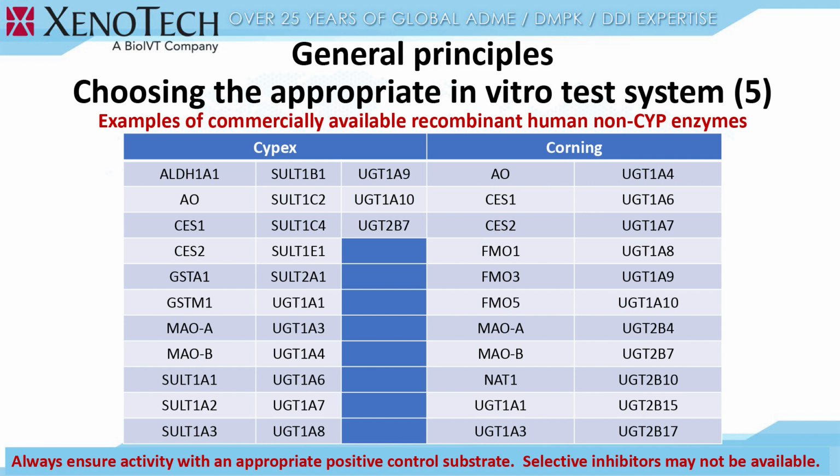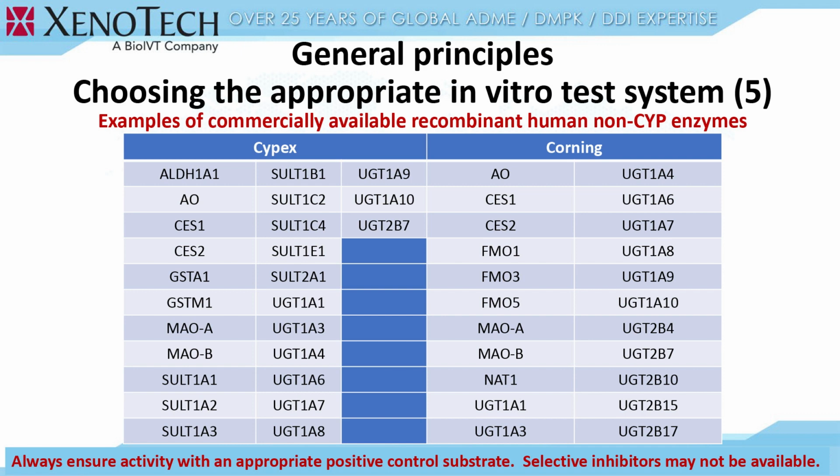I'm sure that there are other companies that offer other recombinant enzymes out there, but these are just the two big players and have the largest portfolio available. So as you can see, we have aldehyde dehydrogenase 1A1, AO, the carboxylesterases 1 and 2, various forms of SULT enzymes and UGT enzymes, MAOs, FMOs, NATs, are all available out there to be used.